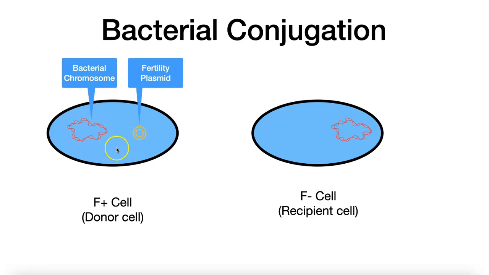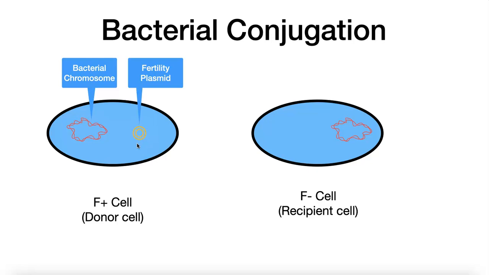Something that can be present in bacteria are called plasmids. So these are additional pieces of DNA. This is double-stranded. That's what these two circles are supposed to represent. But it's separate from the chromosome. And plasmids are always going to contain non-essential information.